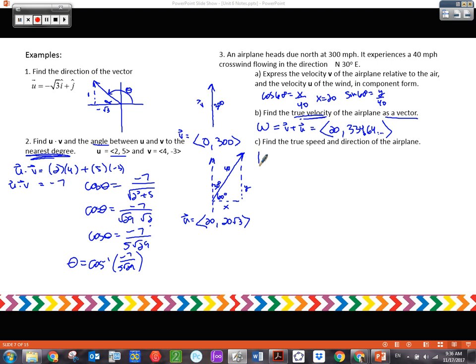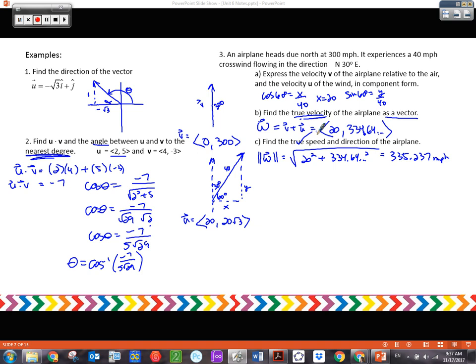So we would take the magnitude of vector W, which is the square root of 20 squared plus 334.64 squared, and that will give us 335.237 miles per hour. Okay, there's our true speed. Okay, we okay with that?